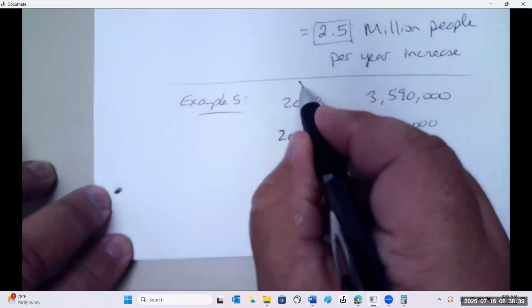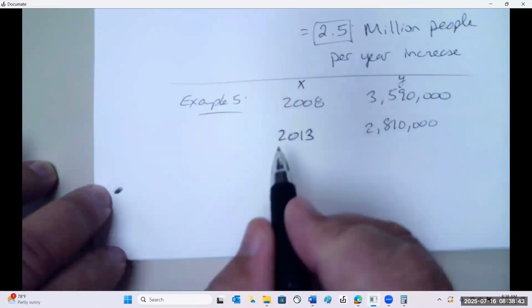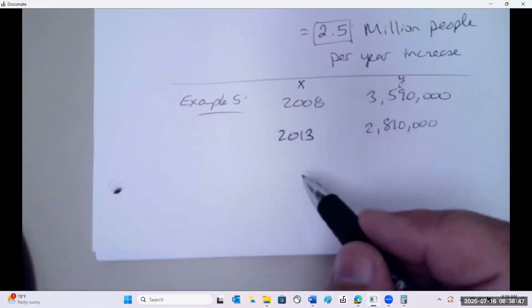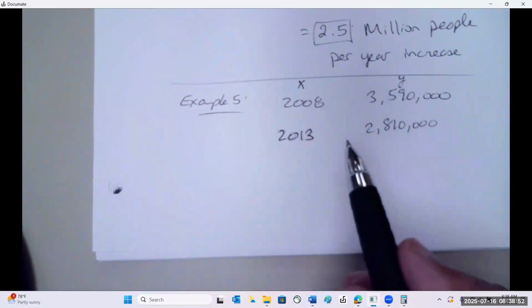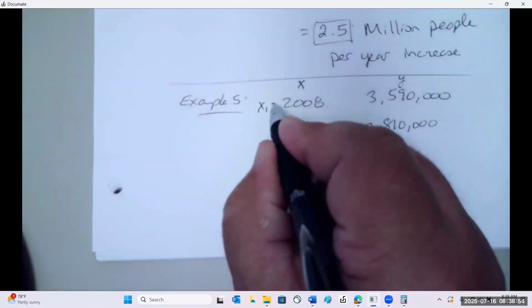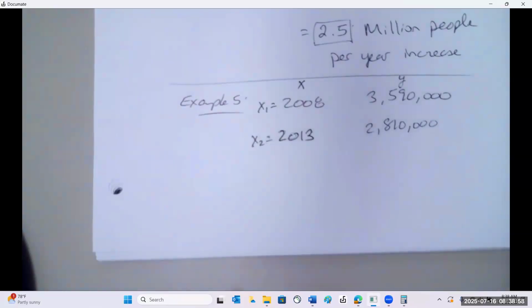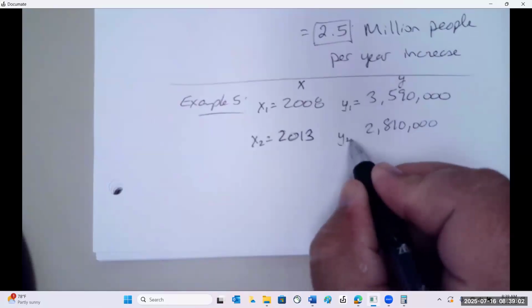Again, time is X, and what you're looking at is your Y values. So which one's X1? The 2008, because it has to be the first one. So X1 is 2008, X2 is 2013. Since this one corresponds, that's got to be Y1, and this has to be Y2.